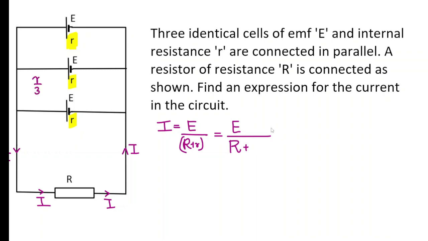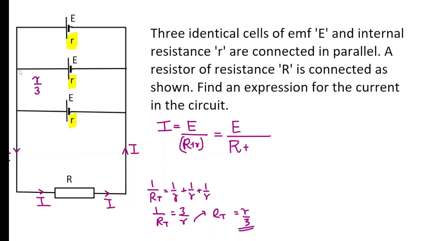If you wonder where this came from, all we need to do is just use 1 over R total is equal to 1 over lowercase r, one of them, plus 1 over lowercase r plus 1 over lowercase r. So 1 over R total is 3 over r. So R total is r over 3.